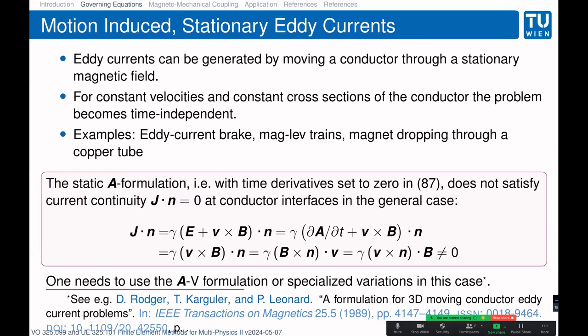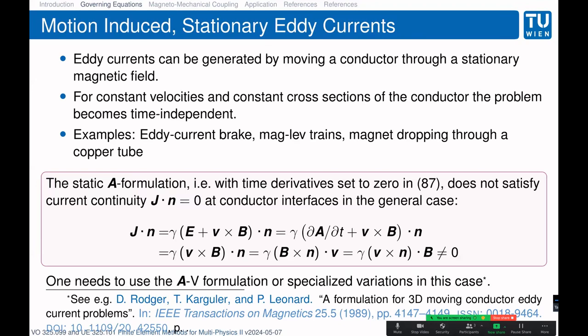You can get correct results in 2D. In 2D, we have v×n, which is 0, because the velocity goes like this, and the normal vectors are somewhere in 2D, but always need to be orthogonal to the velocity. Otherwise, the material continuity can't be satisfied.